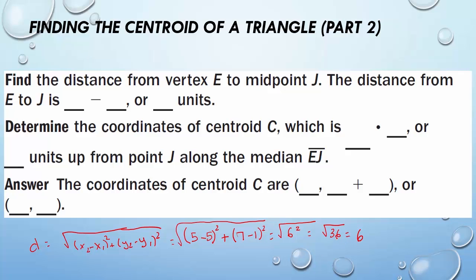So the distance between point E to J is 6 units, and they just did 7 minus 1. I did it the long way for more practice.